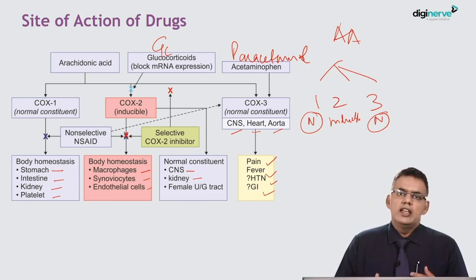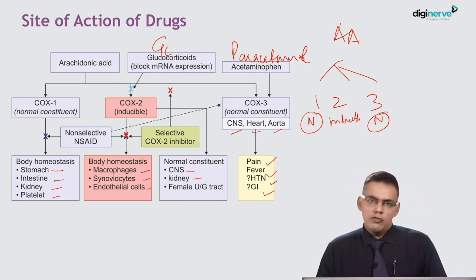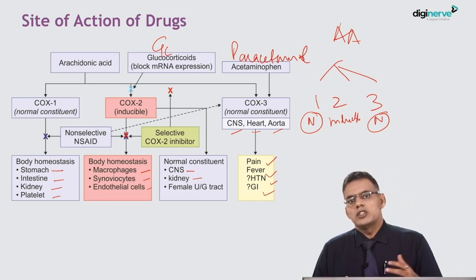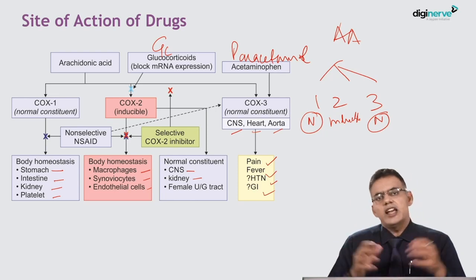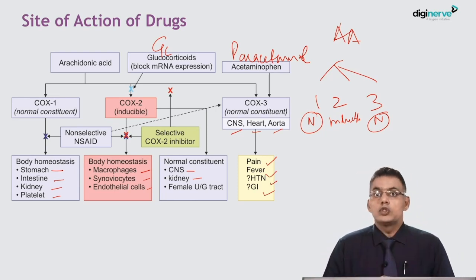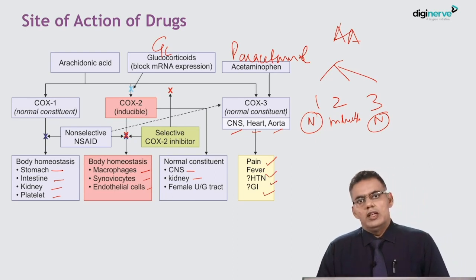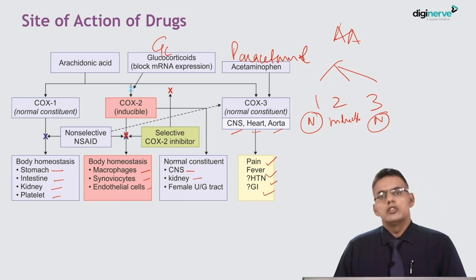So we will see, therefore, that when we talk about uses of corticosteroids, we put their uses as hormone replacement therapy and also their uses as anti-inflammatory uses. And it is this anti-inflammatory action which is produced by inhibition of production of prostaglandins from arachidonic acid by corticosteroids.